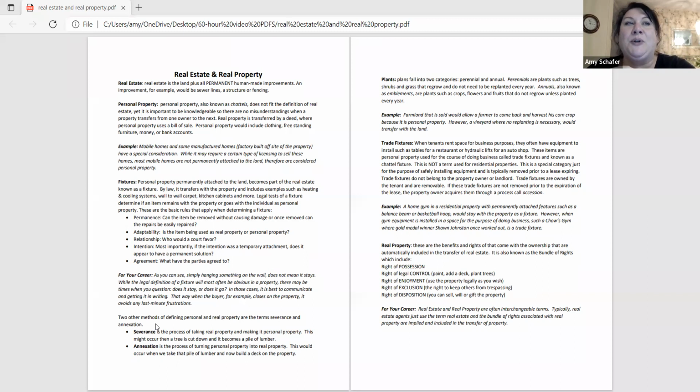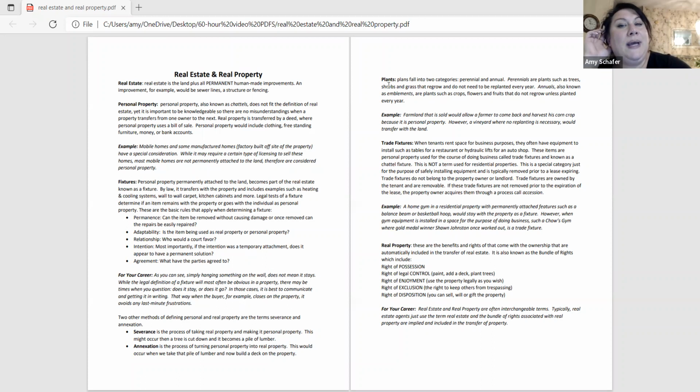Now it becomes personal property again. And the new deck materials sitting in the driveway are personal property. And again, once you put that deck back on, now we're using the verb of annexation and it becomes real property or a fixture.